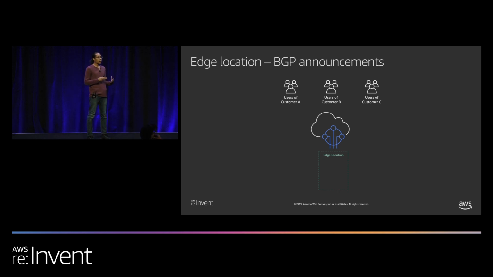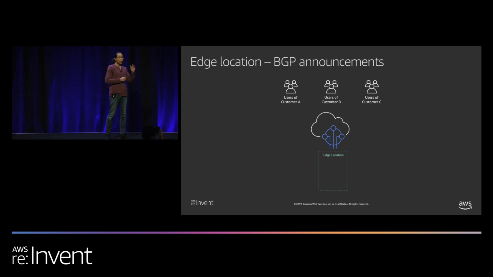So what we have is these edge locations, these facilities where we've deployed our own infrastructure out at the edge. From these edge locations, we're using Border Gateway Protocol, BGP, to announce our IP prefixes out to the internet.